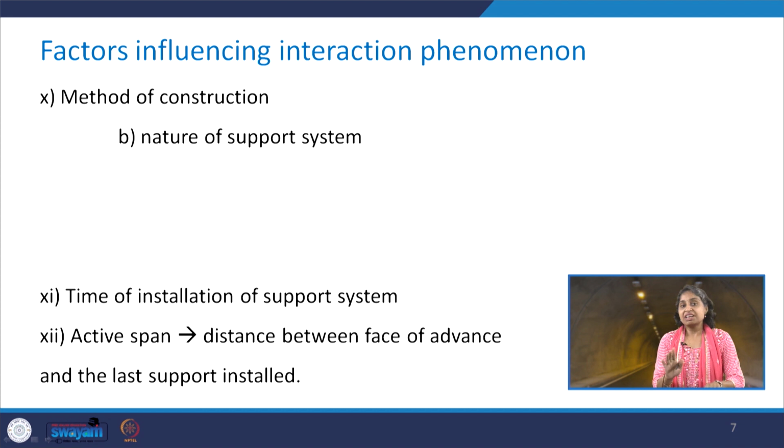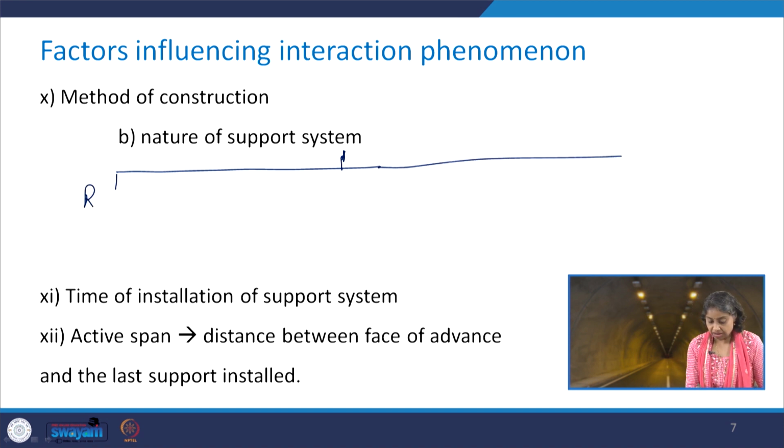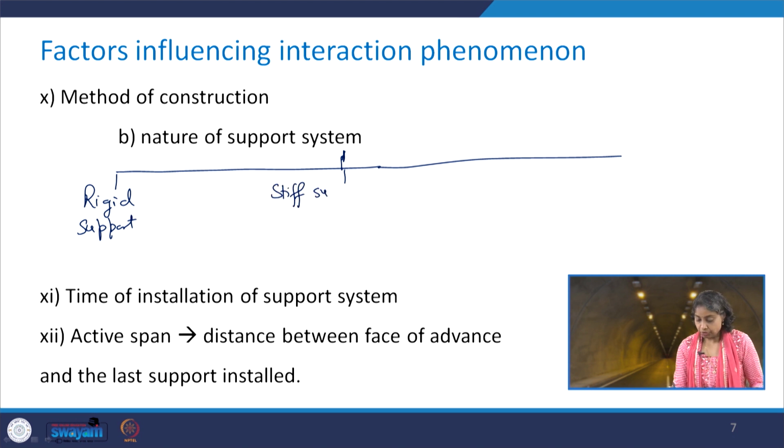Then as far as the method of construction is concerned, not only the method of excavation affects, but the nature of the support system also influences the interaction phenomenon. Let us see how. When we talk about the nature of the support system, we can have three categories. The first one may be the rigid support. The second one is stiff support.